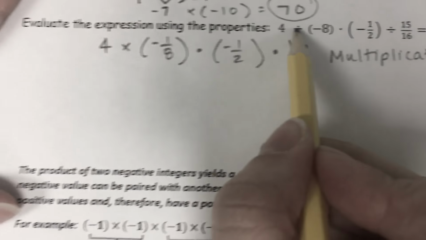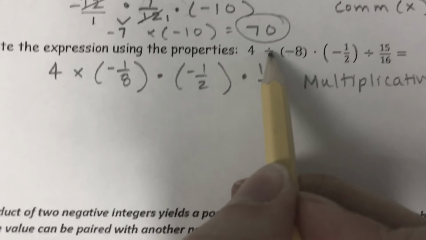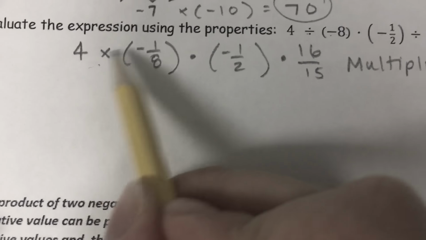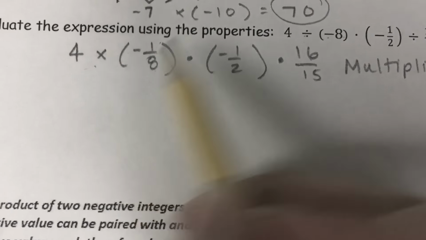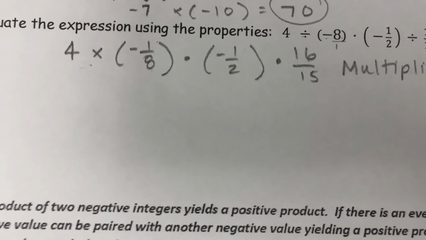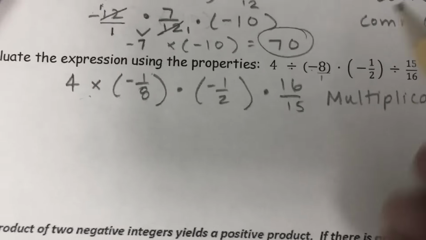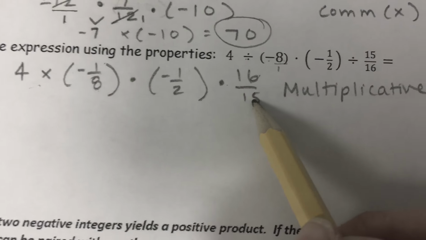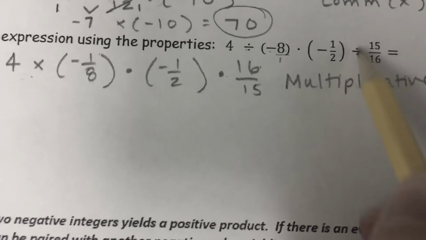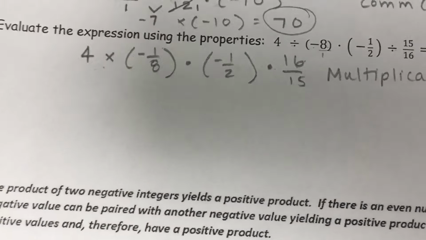And that's because we took the dividing by negative 8 and said instead it's multiplying by negative 1 over 8. Because negative 8 is the same thing as negative 8 over 1. And then over here, we multiplied by 16 over 15 because we multiplied by the inverse of 15 over 16.